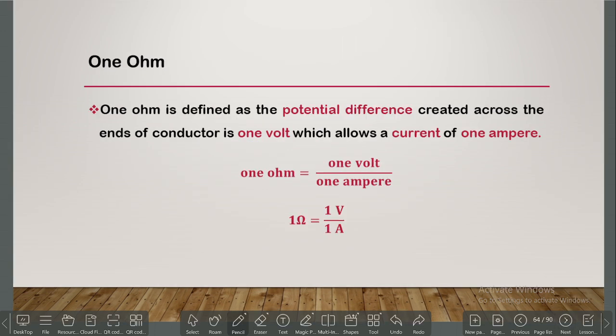How will we define 1 ohm? 1 ohm is defined as the resistance of a conductor across whose ends the potential difference created is 1 volt. Let's take the conductor here.